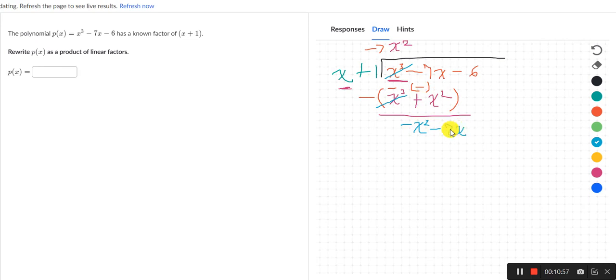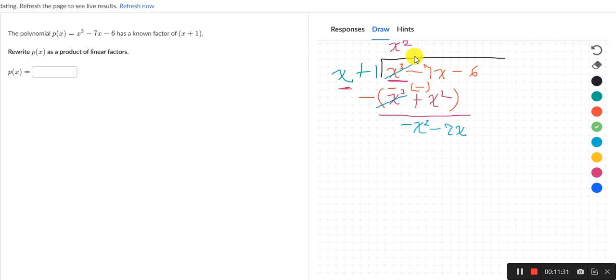Remember, this is pretty similar to dividing just numbers. Let me erase this part because it might be a little confusing. Now we need to find a term that when you multiply it by x, the result is going to be negative x squared.